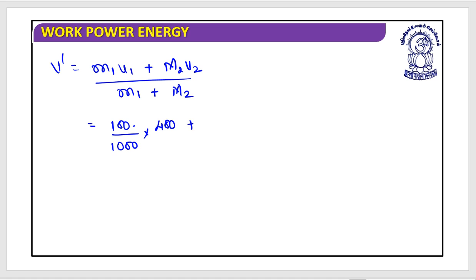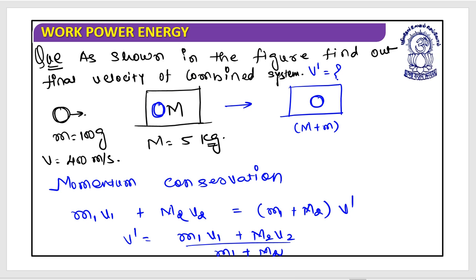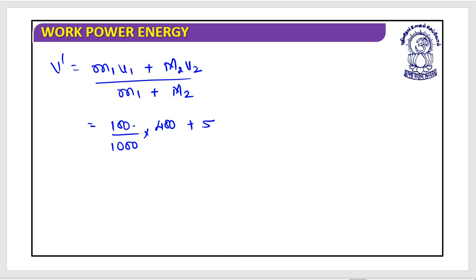Plus the second object, 5 kg, but initially it is at rest, so its velocity would be 0. Divided by m1 plus m2, which is 100 divided by 1000 plus 5 kg. I hope this is clear.